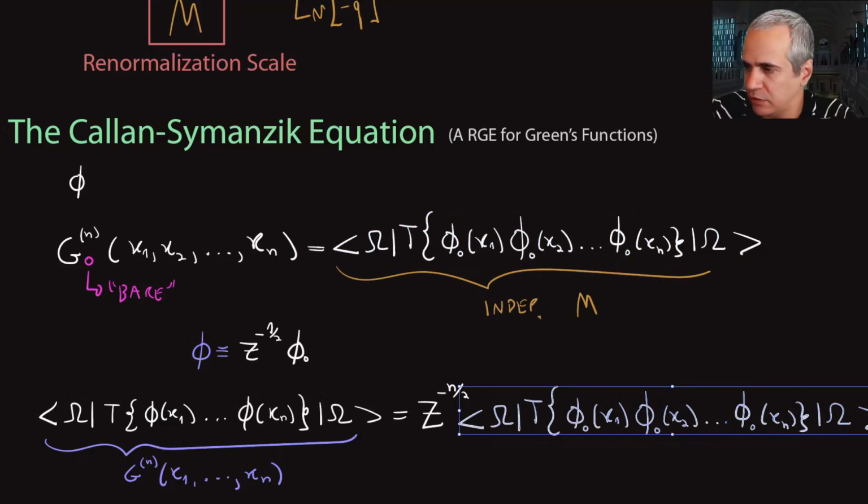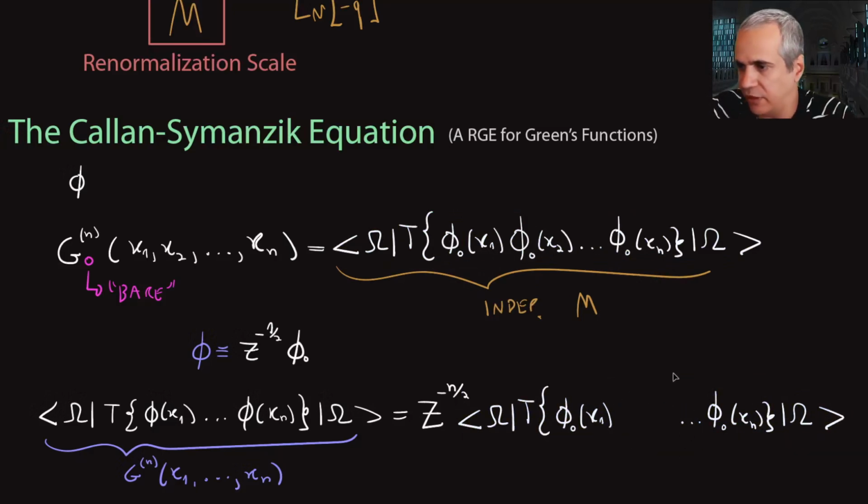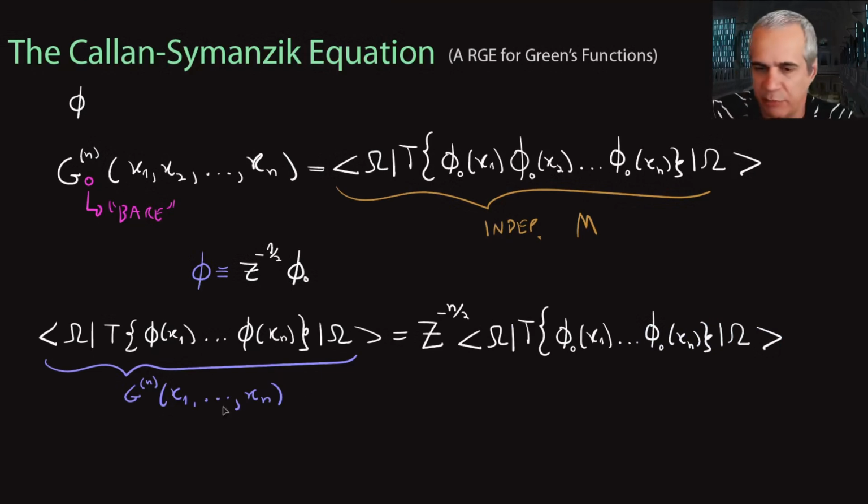Let me just shrink it a little bit and delete this guy, which makes it nicer looking. So now I found a relation between Gn and the bare Gn.